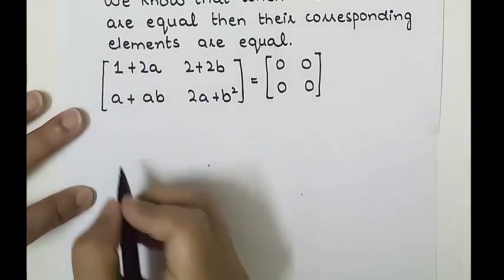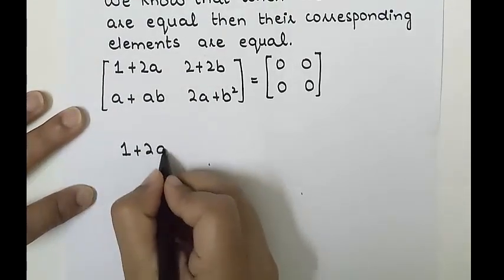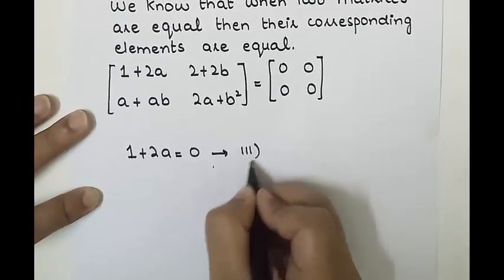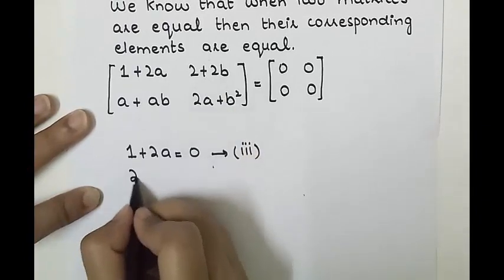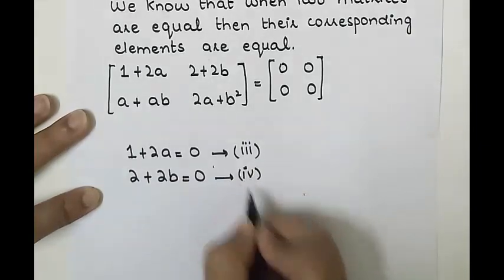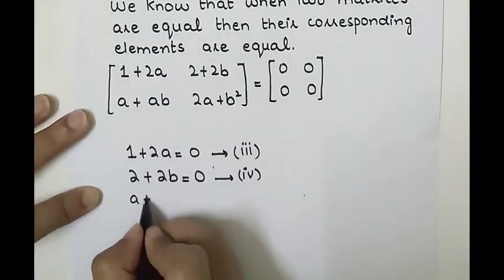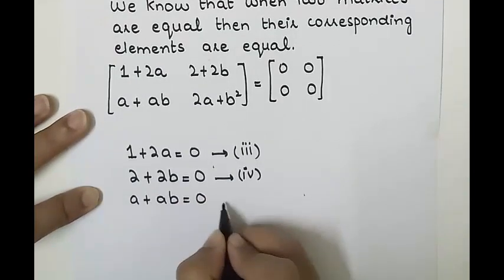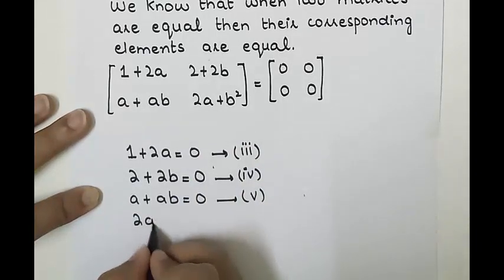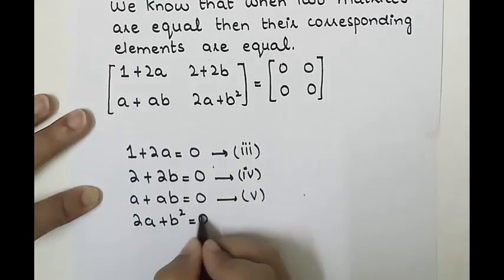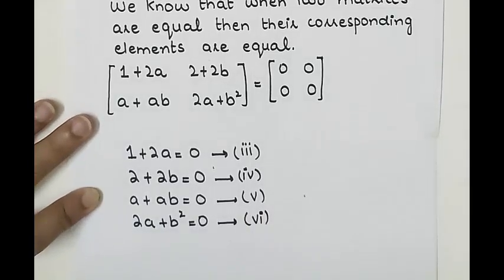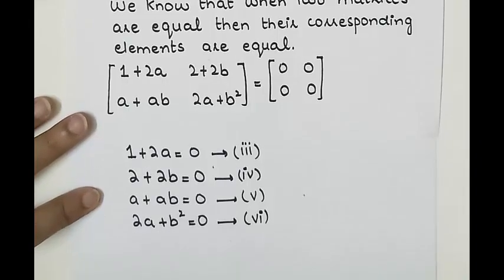We have four equations. 1 plus 2A, this is equal to 0. This is equation number 3. Then we have 2 plus 2B, this is equal to 0. Equation number 4. Then we have A plus AB, this is equal to 0. Equation number 5. And lastly we have 2A plus B square, this is equal to 0. Equation number 6.